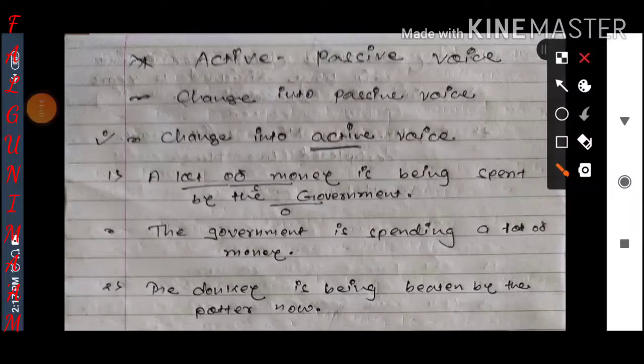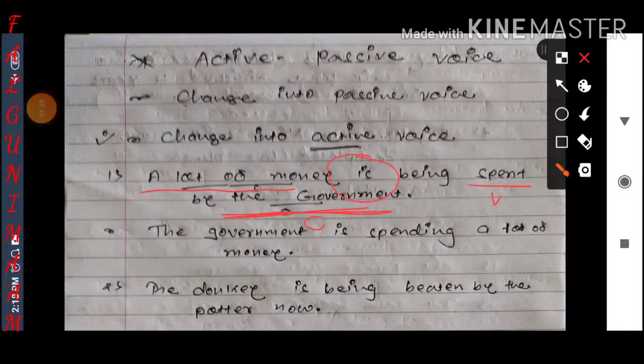Find SVO: subject, verb and object. A lot of money is our subject, spent is the verb, and the government is the object here. So now first of all we have to put our object in place of the subject. So we start with the government. Now a lot of money is in singular form, that's why there is.